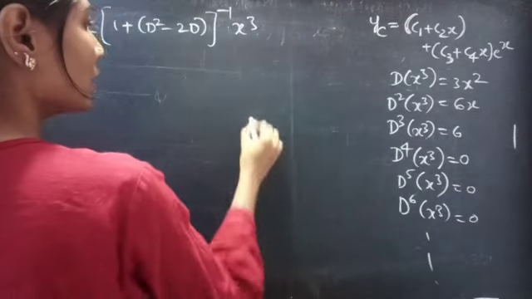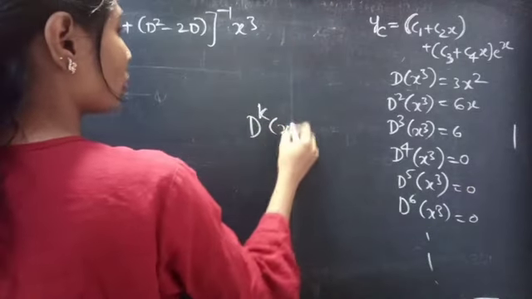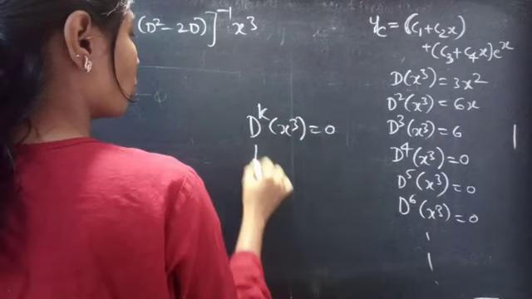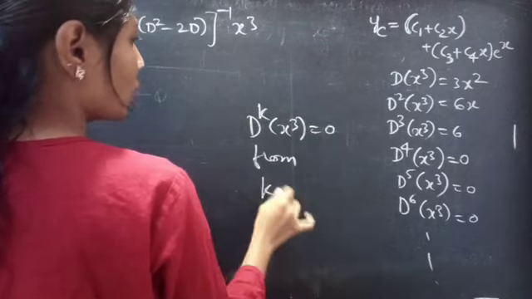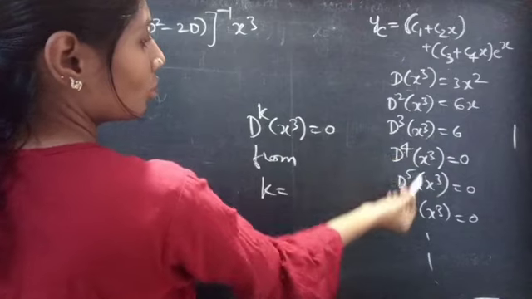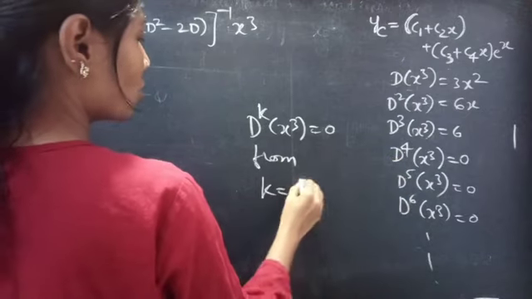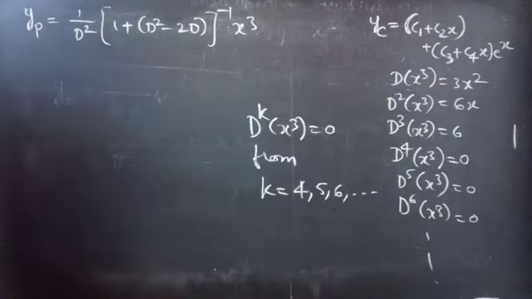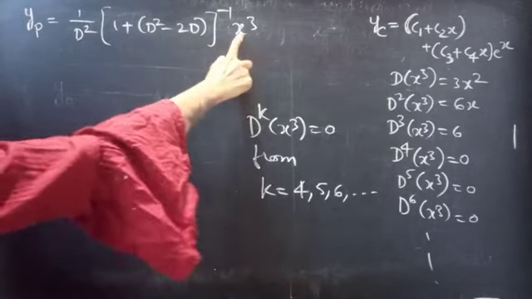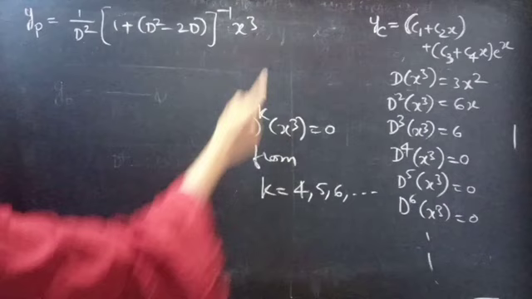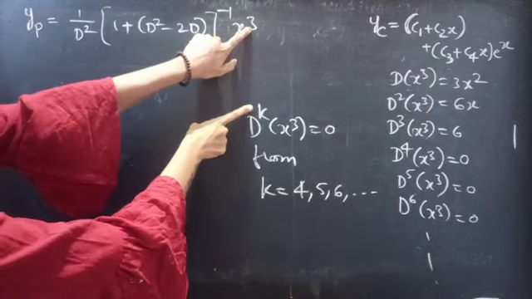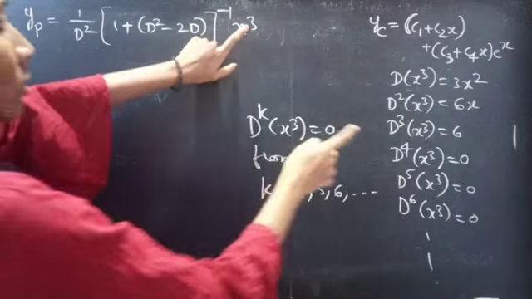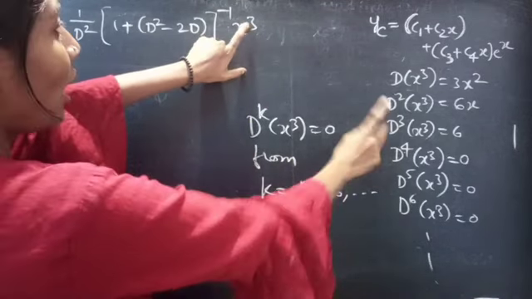So it is clear that D power k of x cube equals 0 for k equals 4, 5, 6 and so on, right? Here, if you notice, we are having x cube, so you'll have derivatives till k equals 3.